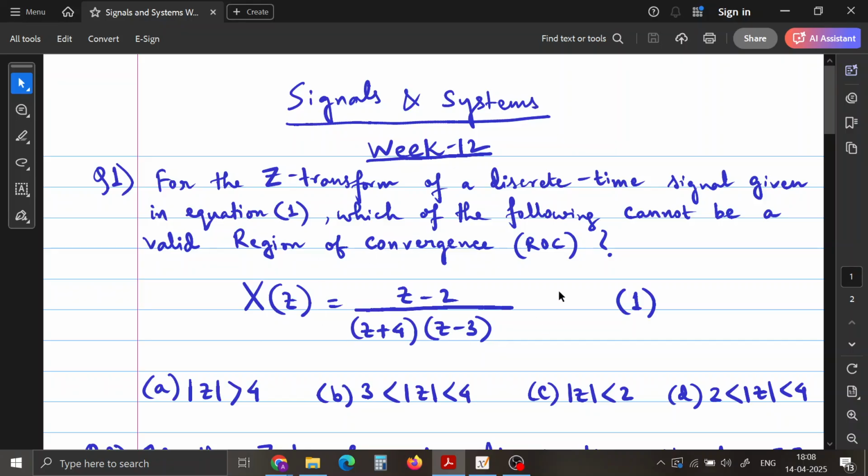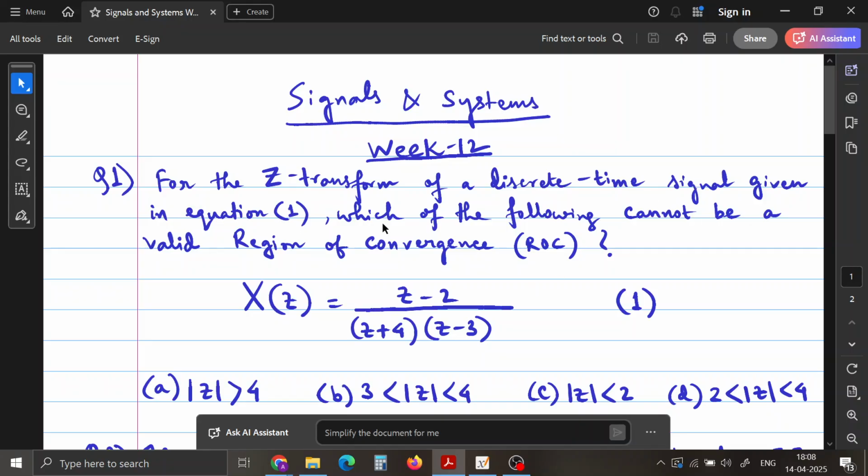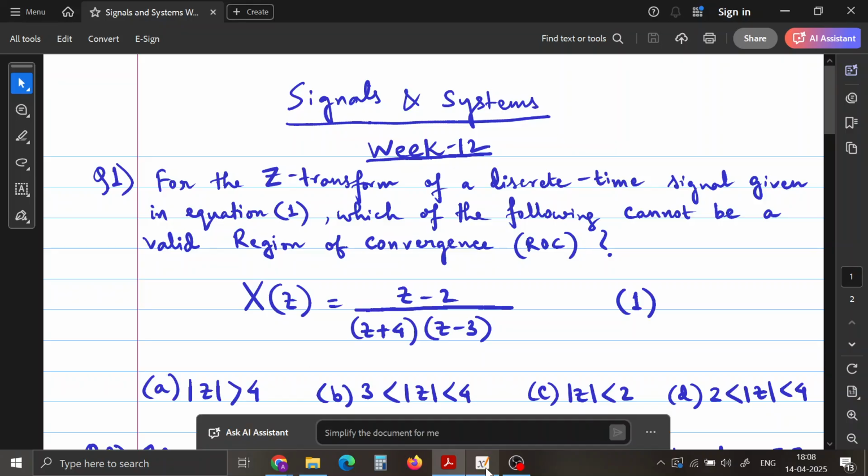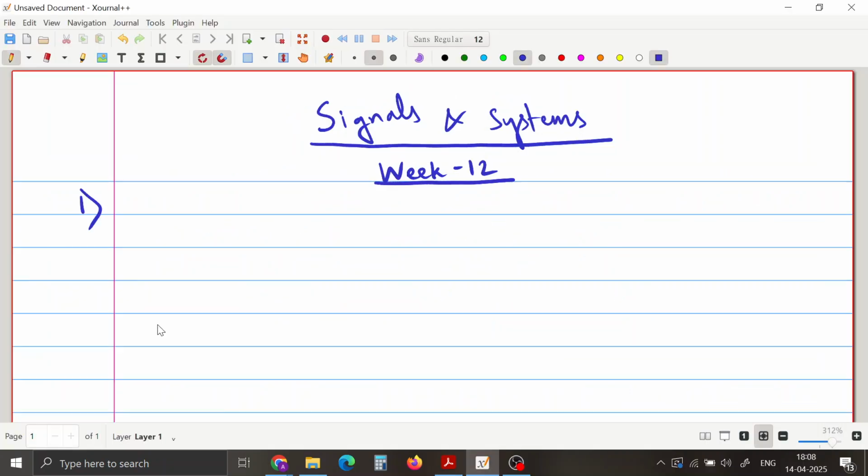So for this given Z transform, which of the following options cannot be a valid region of convergence or valid ROC? That you have to decide. For this we must know what is a valid ROC. So let's start.